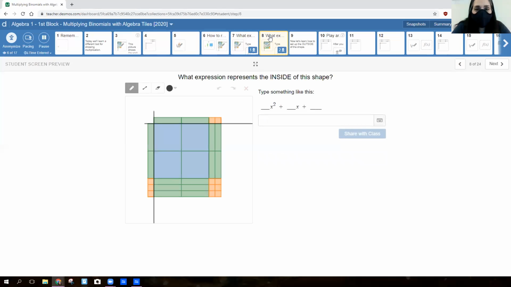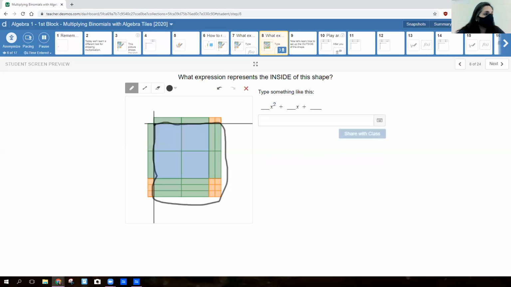Okay, finally, on to a different problem, some variety, something for you to show off how well you understand this. So we're asked what expression represents the inside of the shape. So we are looking at in here. That's the inside.